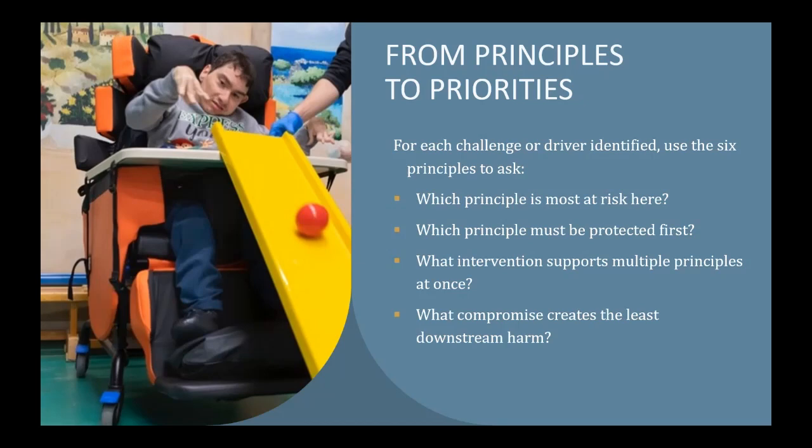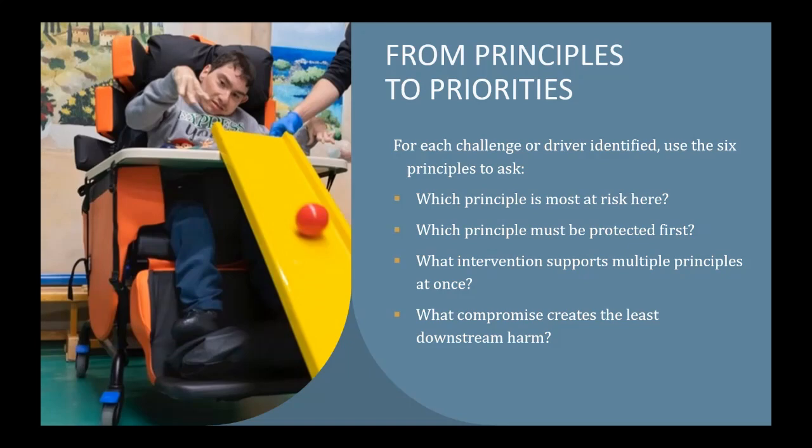So turning those 6 principles then into a practical tool, for each challenge that we identify, or the driver specifically that we identify, we can use some of these questions then to test our reasoning. It's always good, as I said, to have that person on your shoulder asking why and what and when, because it helps us then to prioritise, especially if we know in some cases we're not going to achieve everything gold standard.